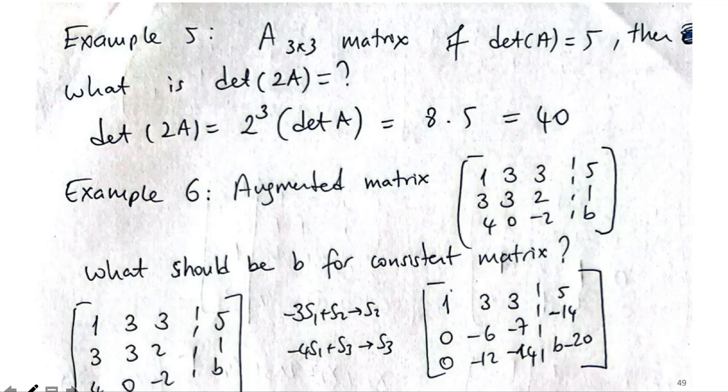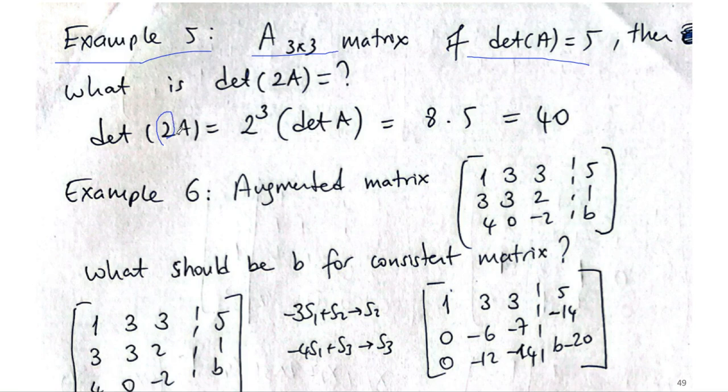Another example. Here, we are given a 3 by 3 matrix A. And if the determinant of A equals 5, then what is the determinant of 2 times A? Now, remember, if we have a scalar multiplication within the determinant, then each row or each column is multiplied by the scalar 2.